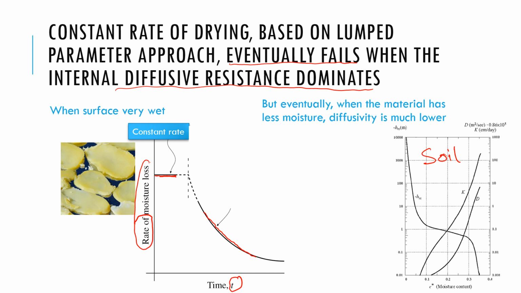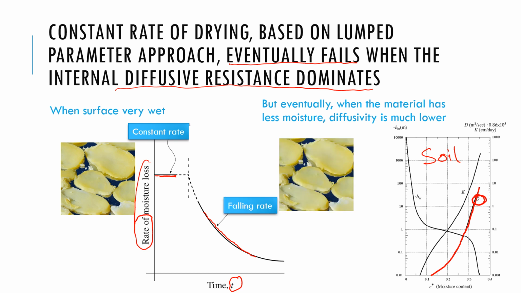So the moisture diffusivity drops sharply. This is log scale, drops sharply with moisture content. So as the moisture gets lower and lower in this same potato slice, the diffusivity keeps getting lower.